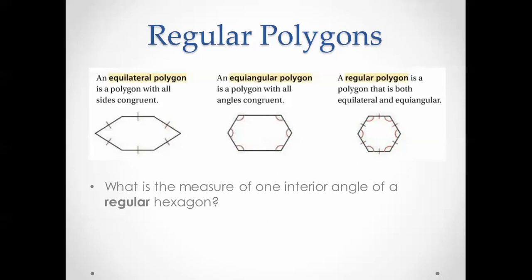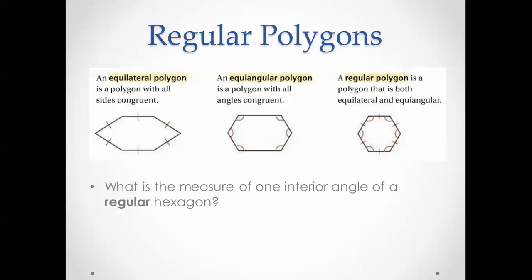When we talk about regular polygons, the word regular in the context of these geometric shapes just means that all the sides are congruent and all the angles are congruent.